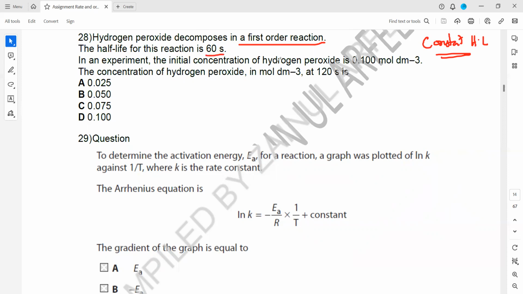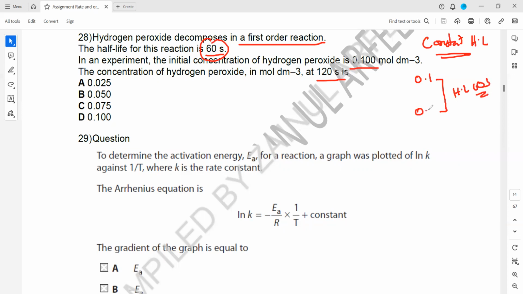In this experiment, the initial concentration of hydrogen peroxide was 0.1. What is the concentration of hydrogen peroxide at 120 seconds? So initially, how much hydrogen peroxide was there? 0.1. That was at the beginning of the experiment. Then after one half-life, because the half-life is 60 seconds, how much will it be?